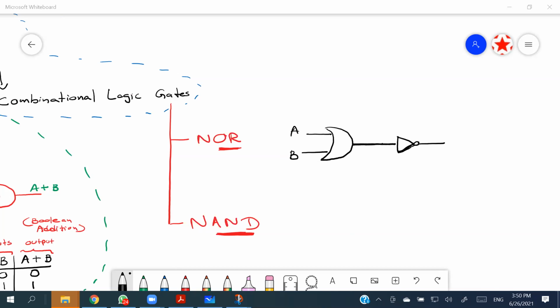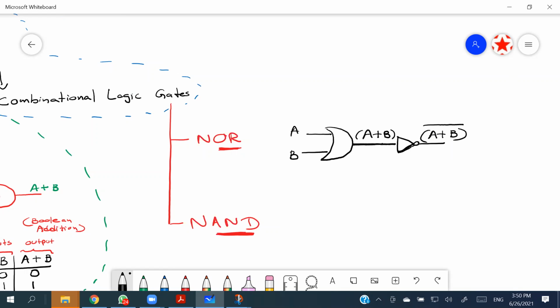So when A and B are input over here, you will receive A plus B as the output. And once it goes through the NOT gate, the entire term A plus B is going to receive a bar. A plus B bar. Or A plus B in brackets, outside the brackets you put a dash.